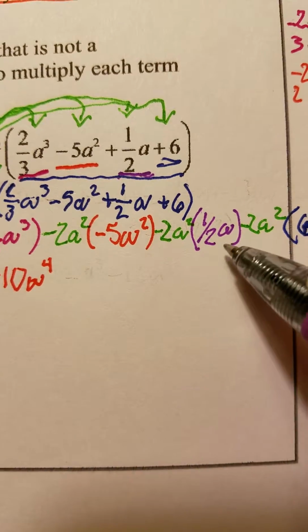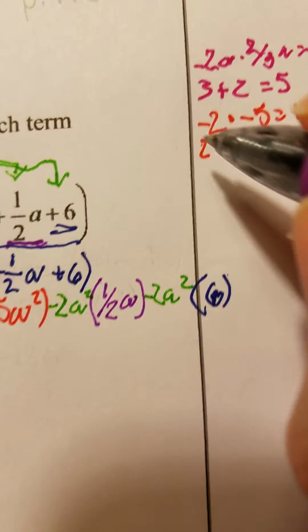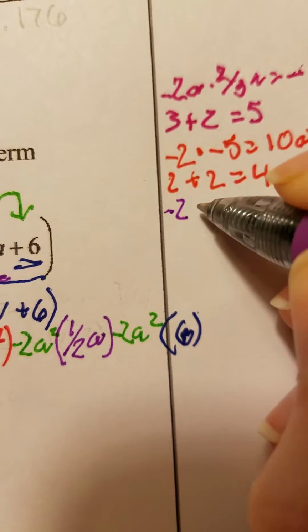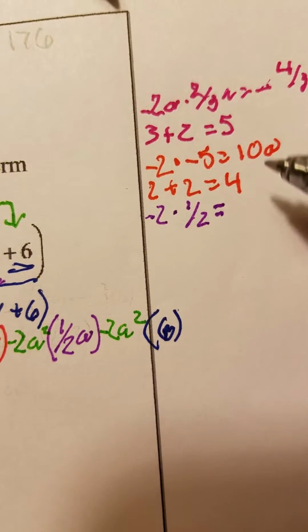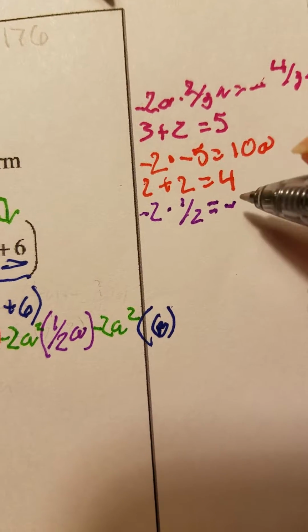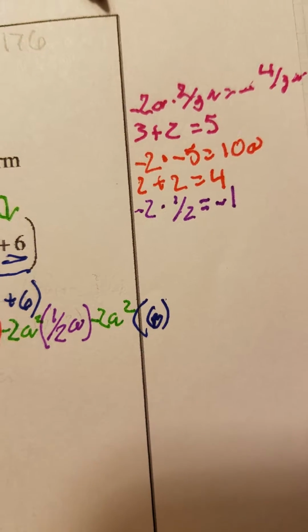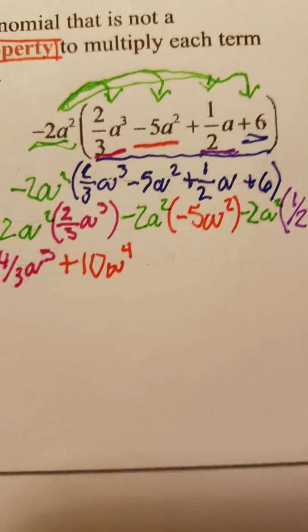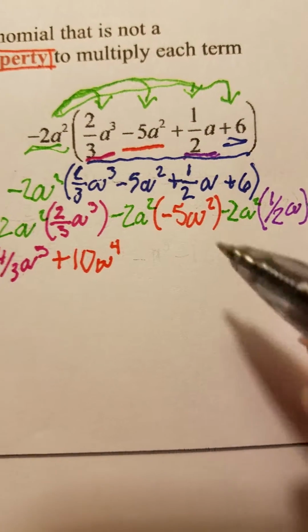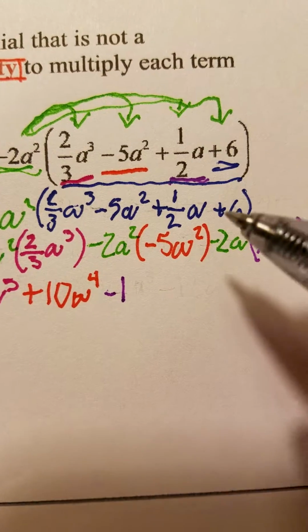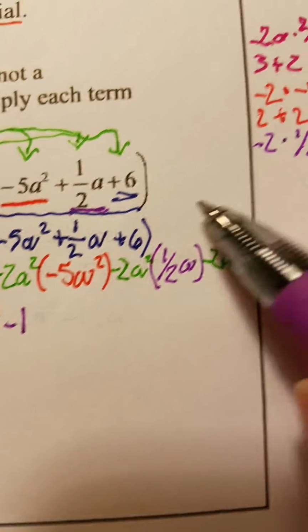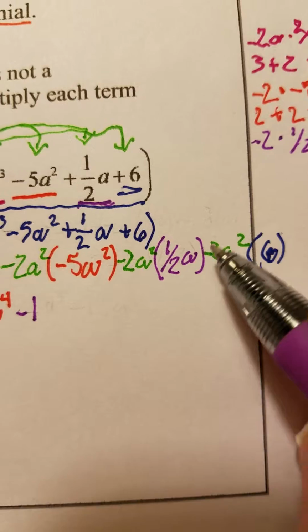Now you take this one. What is negative 2 times 1 over 2? Negative 2 times 1 over 2 is negative 1. Now, you have an a and an a.